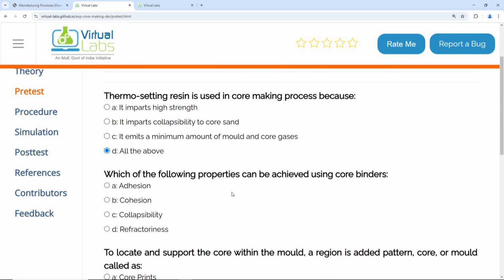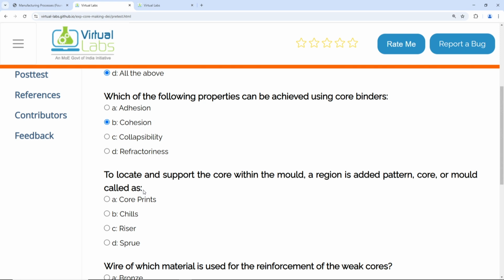Cohesion. Cohesion is the most important, because the core has to have a strength much higher than the mold. To locate and support the core within the mold, a region is added to the pattern, core or mold, and this is called core prints.